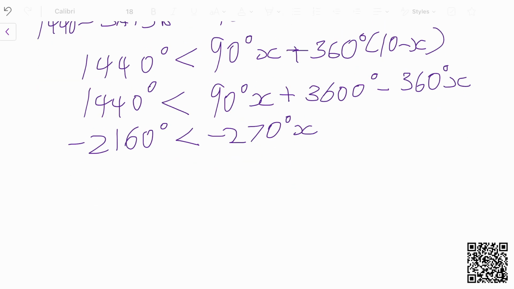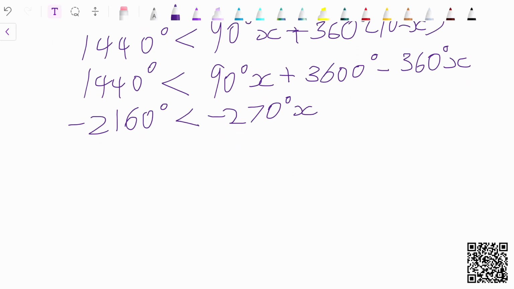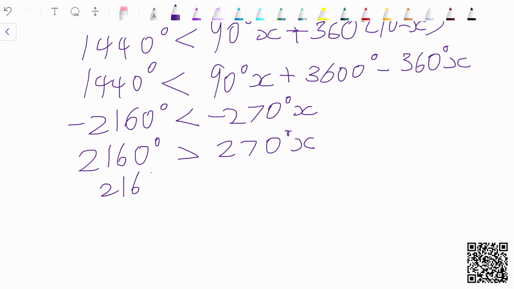Multiplying both sides by -1, be careful here, you're going to have to flip the inequality sign, so 2160 degrees is greater than, not negative anymore, 270x. Divide both sides by 270. 2160 over 270 is greater than x.